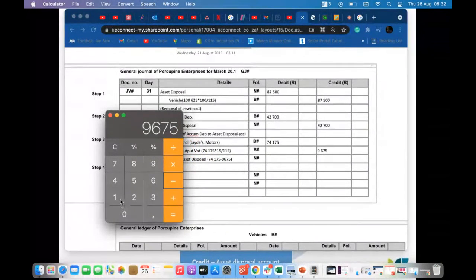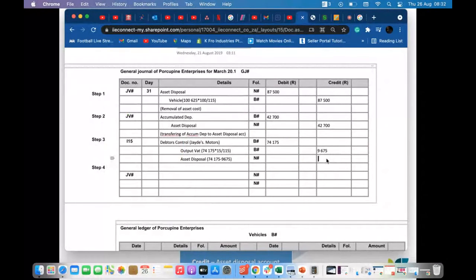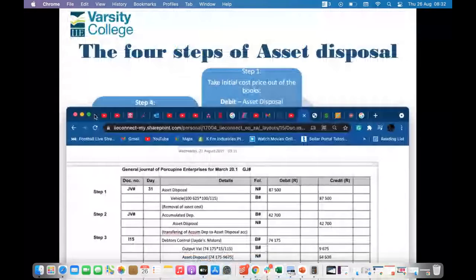So I'm just going to say minus 74,175, and what do we get? We get 64,500. There we go. All right, can you see? What we have on the credit side is equal to what we have on the debit side. So that's step number 3.